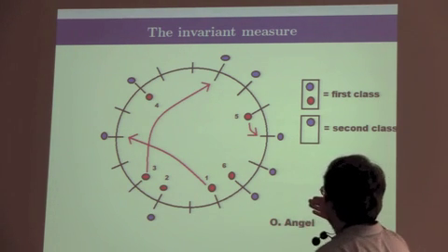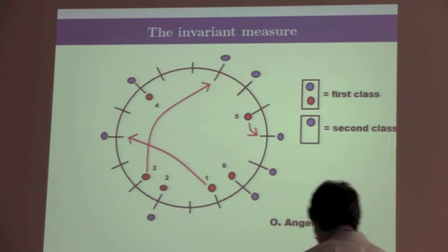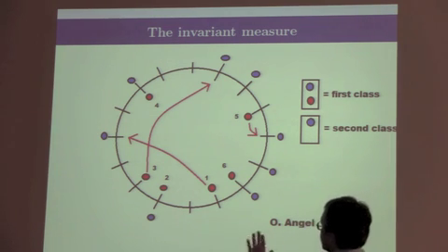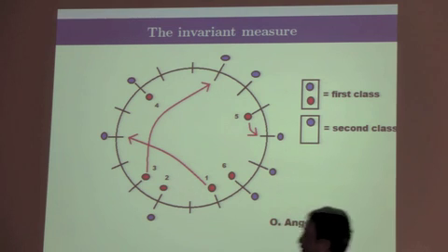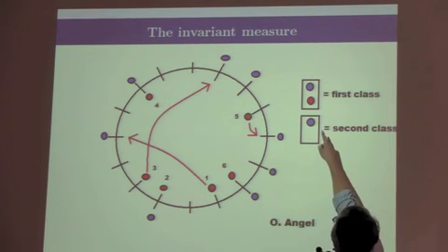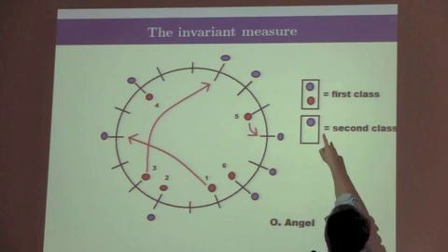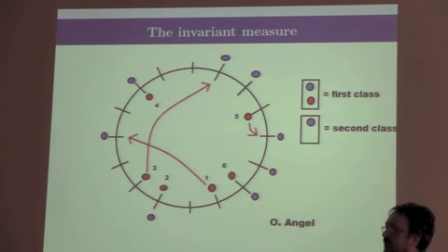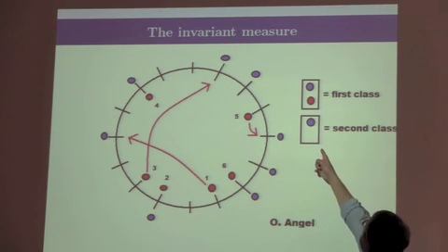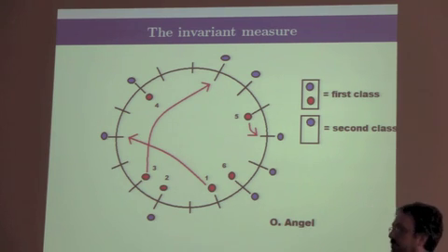At the end of the collapsing procedure, you will have lattice sites that are empty, and sites where there is the situation above, and when the situation is like this, you put a first class particle there. When the situation is like this, you put a second class particle there.